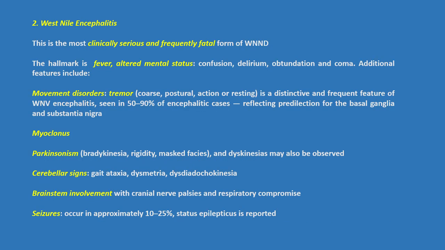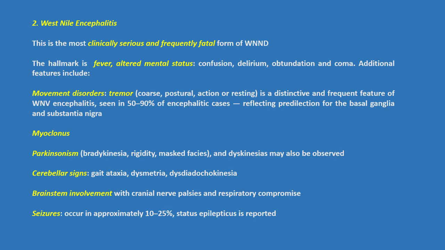Number 2, West Nile encephalitis is the most clinically serious and frequently fatal form of West Nile virus neuroinvasive disease. The hallmark is fever and altered mental status, leading to confusion, delirium, obtundation, and coma. Additional features may include movement disorders such as tremor, which is a distinctive and frequent feature of West Nile virus encephalitis, seen in 50 to 90% of the encephalitis cases, reflecting predilection for the basal ganglia and substantia nigra.